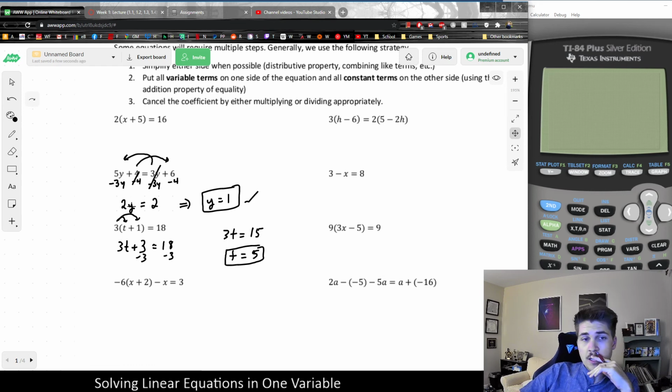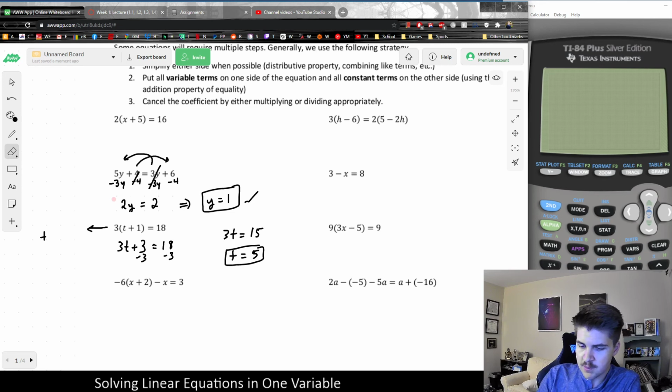But this example brings up another point, is that a lot of times there's more than one way to solve an equation. Like in this particular case, I could have actually started by dividing by 3. Since I had 3 times this whole thing, I could just divide by 3 to cancel it, and that makes it a little simpler by removing that multiplication to begin with.